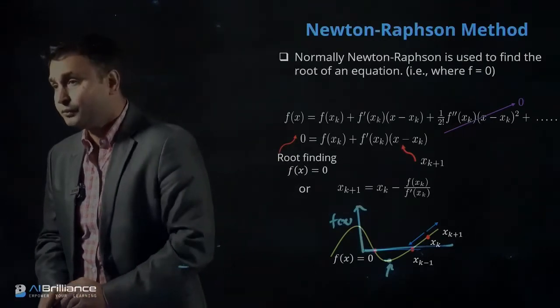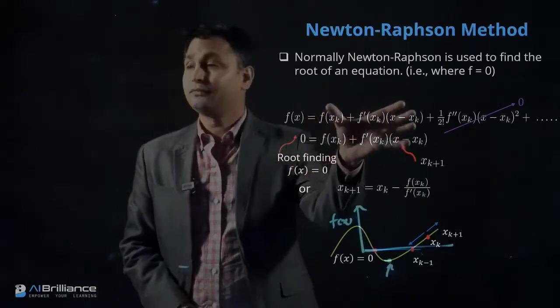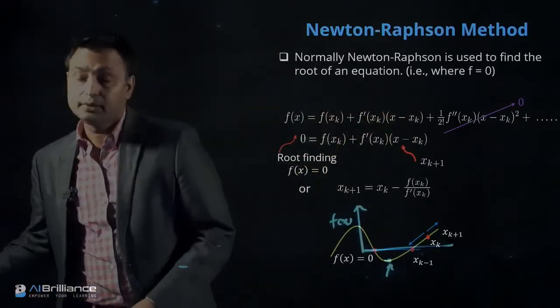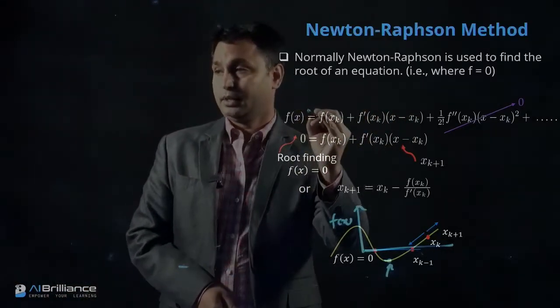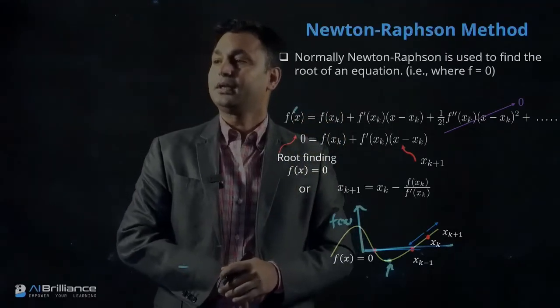So if you look at these equations that we have here, what I can do is take a derivative of this equation, and I will explain why we are doing that.